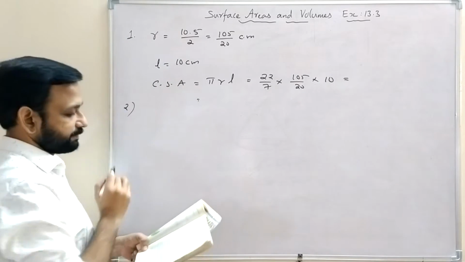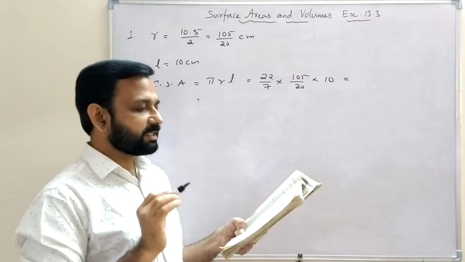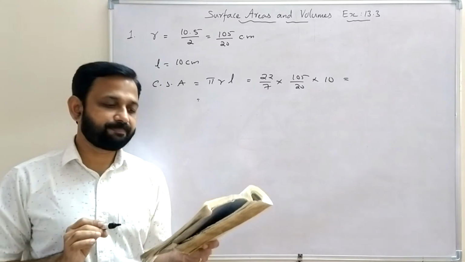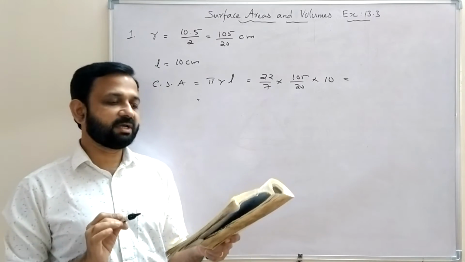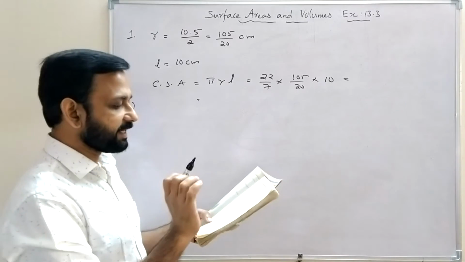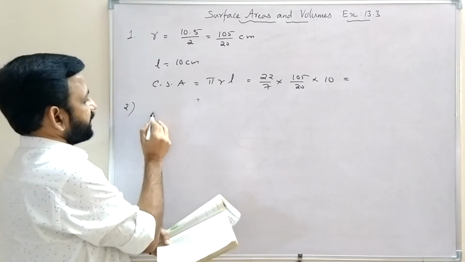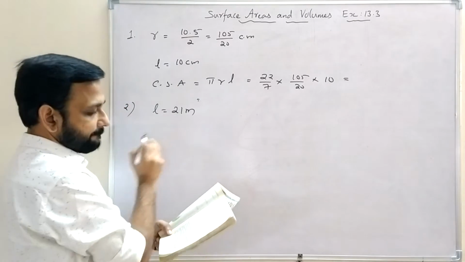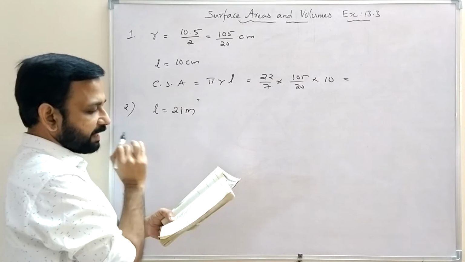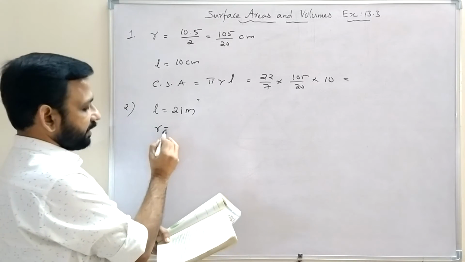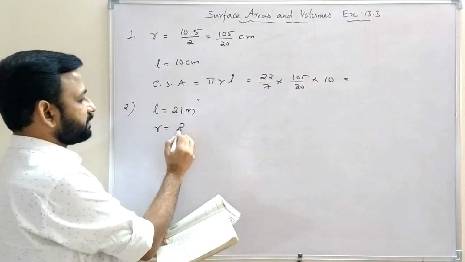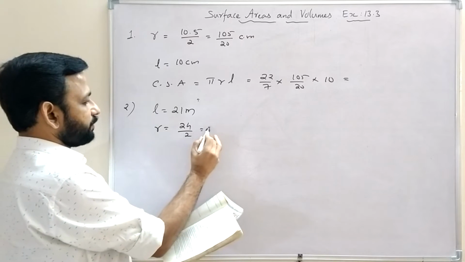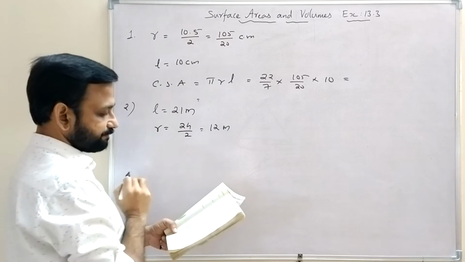Now we will do second question. Find the total surface area of a cone if its slant height is 21 meter. L is given 21 meter and the diameter of its base is 24, so radius is 24 by 2, that is equal to 12 meter.